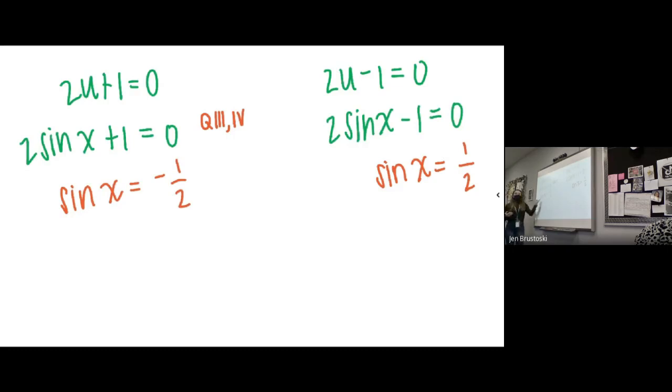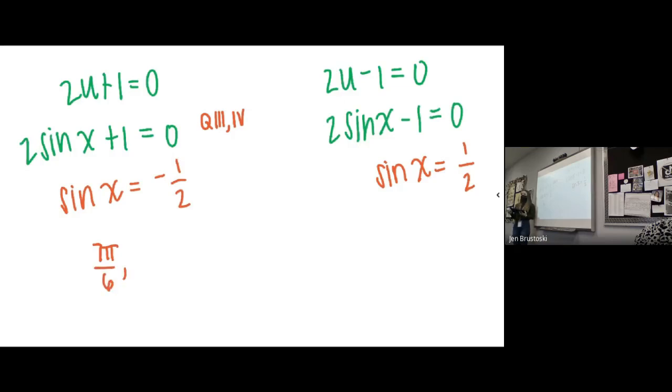Now, in the first quadrant, when is sine equal to 1/2? Hannah? Pi over 6. Okay, so then the reference angle in the third quadrant for pi over 6 is what? Jenna? 7 pi over 6. 7 pi over 6. Good, we've got one more than the denominator.